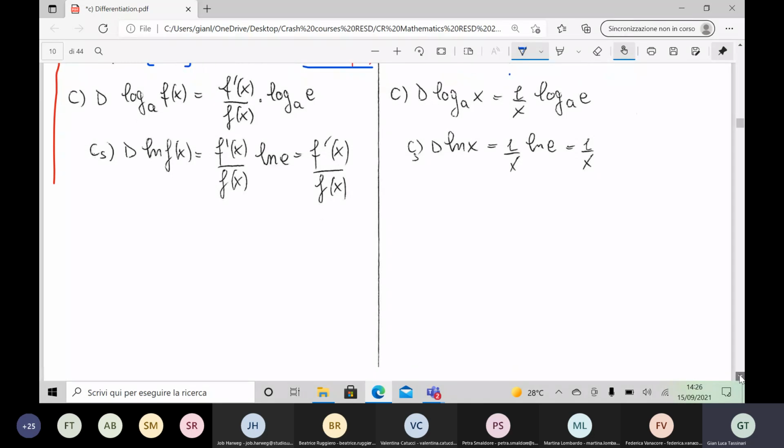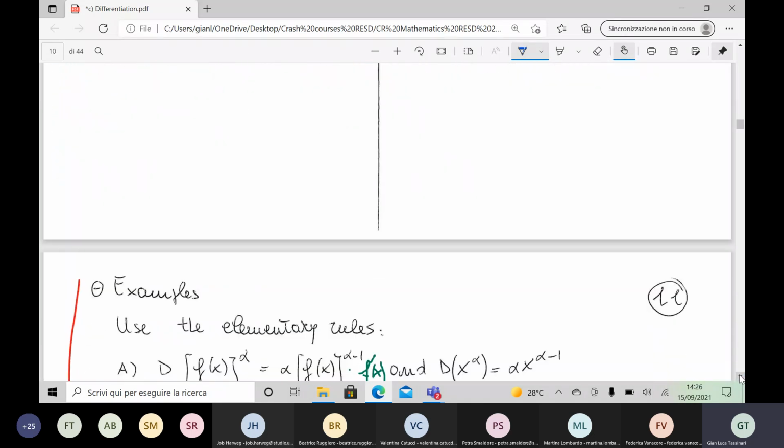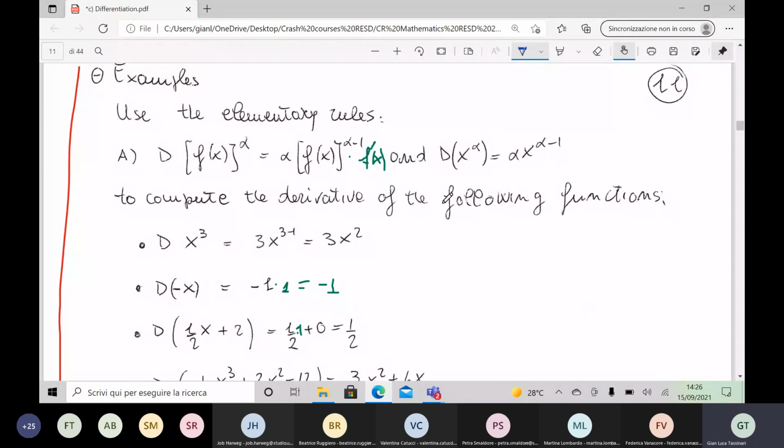But here you have a lot of practice. So we start easily. We start by looking at one rule at a time, so we can make practice. Then we will see functions in a mixed order, so you need to be able to recognize the rule you need to apply. So now exercise, use the elementary rules.